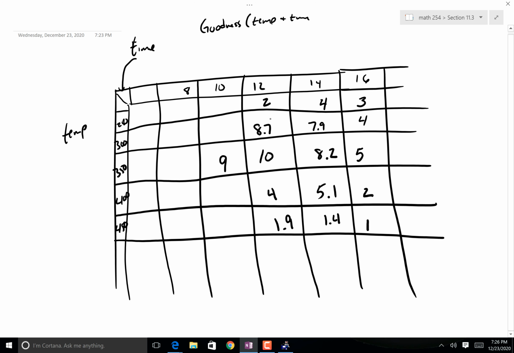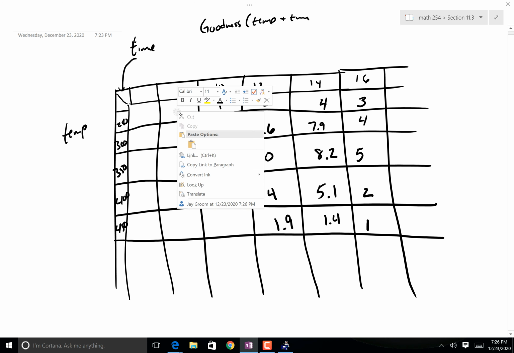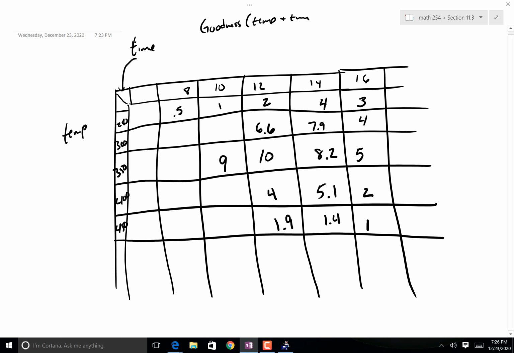No way, Jose. I don't think this is going to be 8.7. Let's make this a little smaller. 10 minutes at 250. Gross. 0.5. I'd put 0. I'd put negative, but I don't think I can do that. That doesn't feel right. It's not going to be that good.